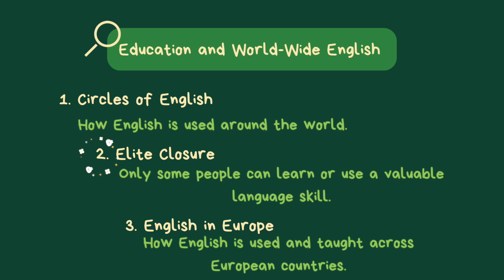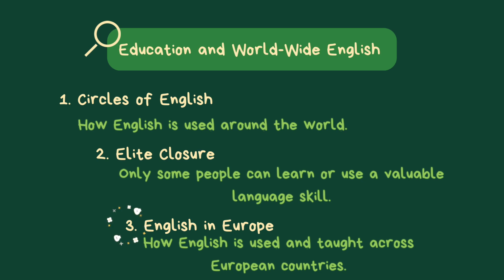In some countries, English proficiency may be a skill primarily held by those who can afford high quality education or attend prestigious international schools. This can create social inequality, as only a select few can access better career or educational opportunities tied to English proficiency. So the third point is English in Europe.